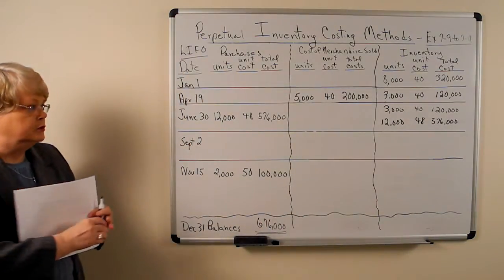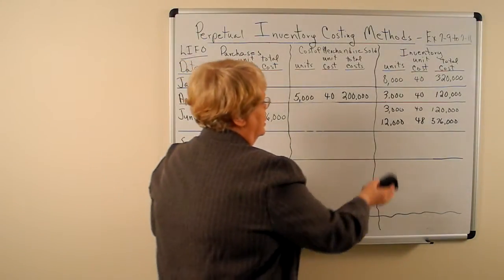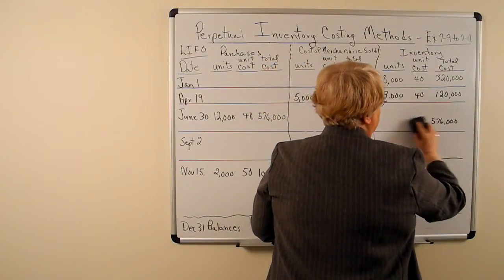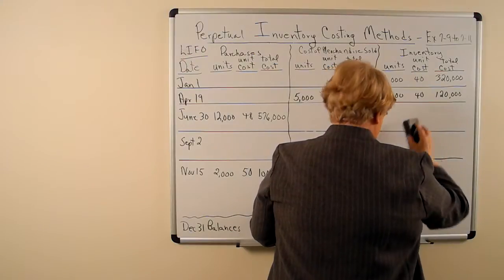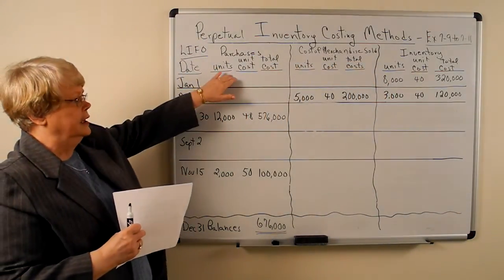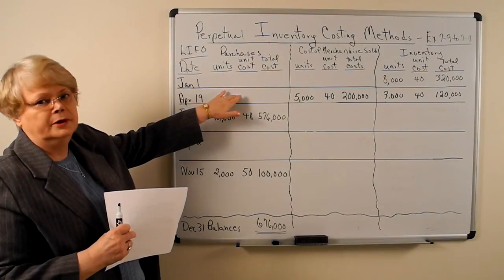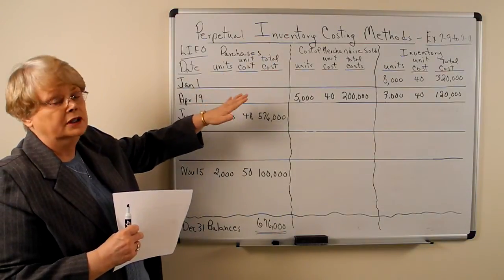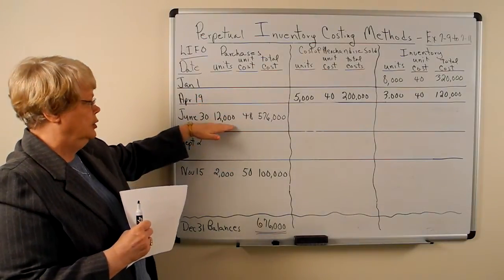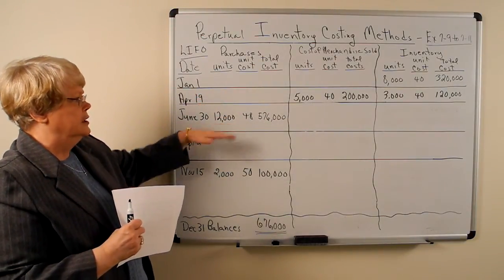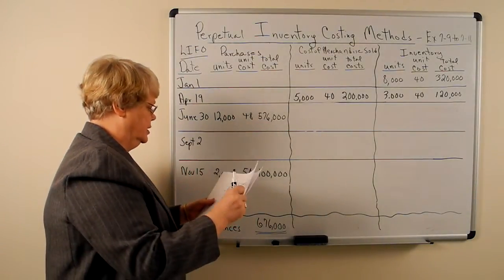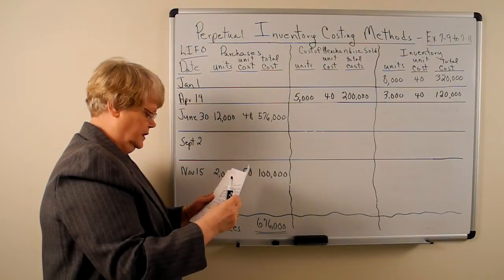Now with moving average, we're going to change the ending inventory unit cost every time we make a purchase. Okay? So here we had one layer, 8,000 at 40. We sold it at 40 because we didn't have any other costs. But here we added 48 to it. So what we're going to do now is add the units.